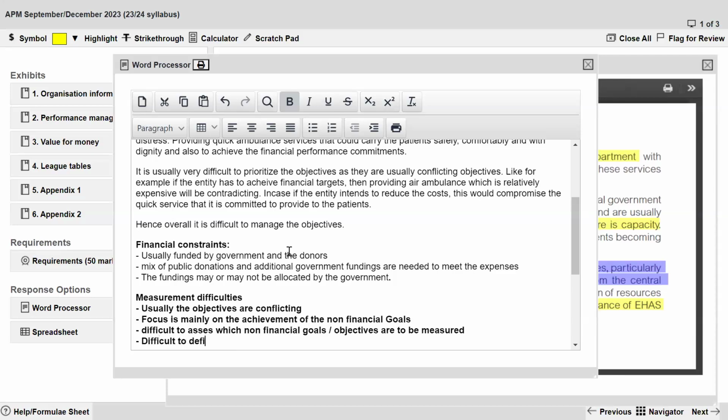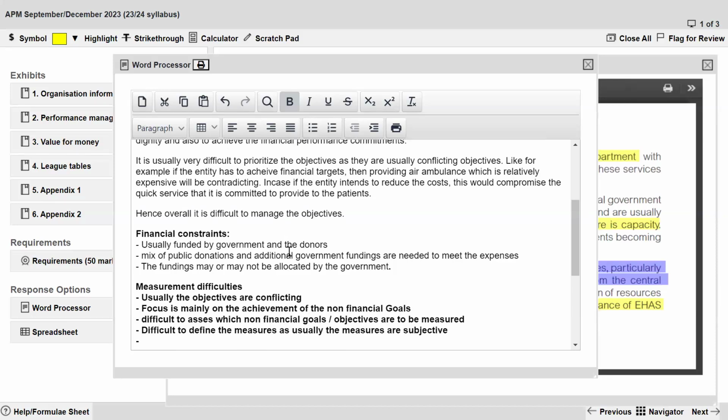Difficult to define the measures, as usually the measures are subjective. So this is what actually happens, right?